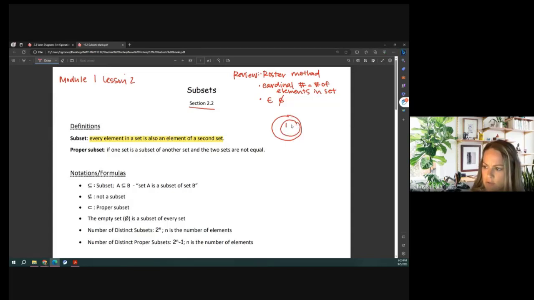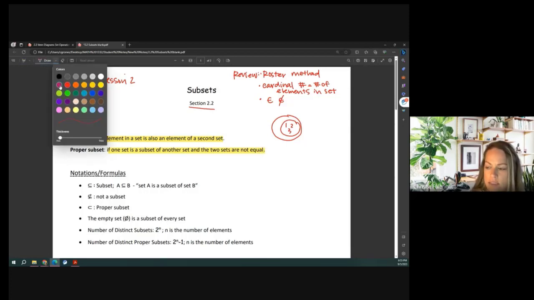And every single number that is inside of this set has to be an element of the second set. The second definition is the proper subset, and it says that if one set is a subset of another and the two sets are not equal. So what exactly does that mean?